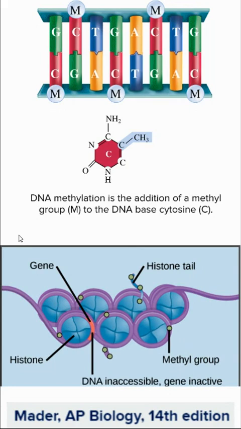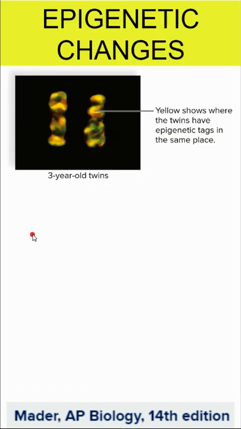So methylation does happen naturally in a person's life, and especially early in tissue development. But methyl tags can also be caused through toxin exposure, changes in diet, good or bad, exercise, but also trauma and stress can also affect methylation.